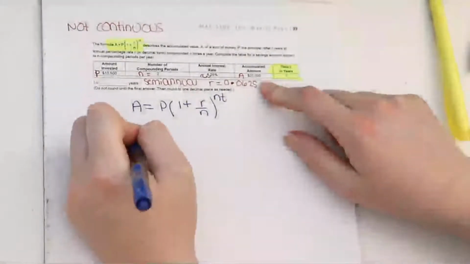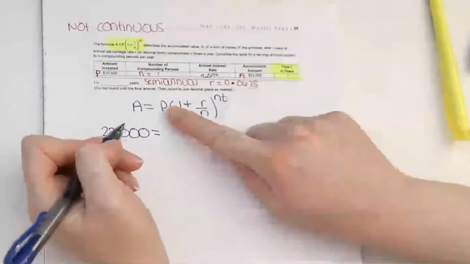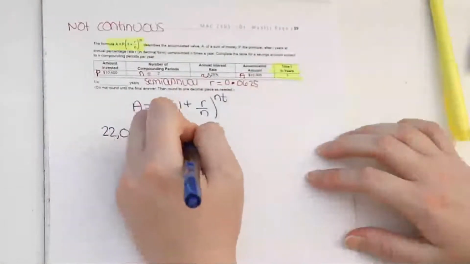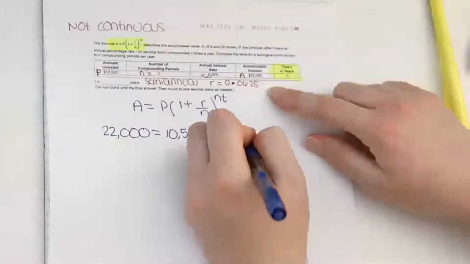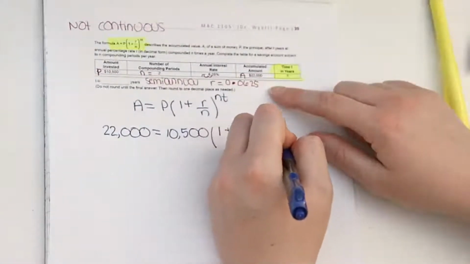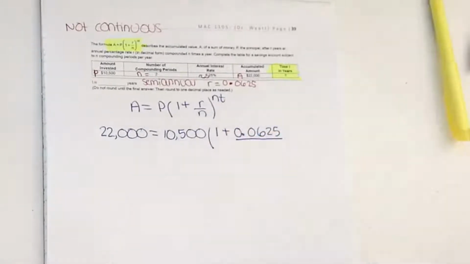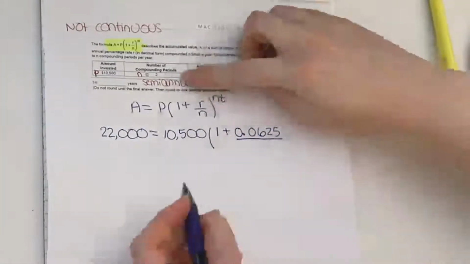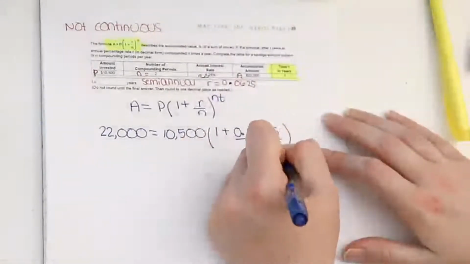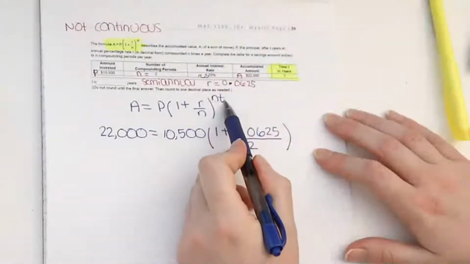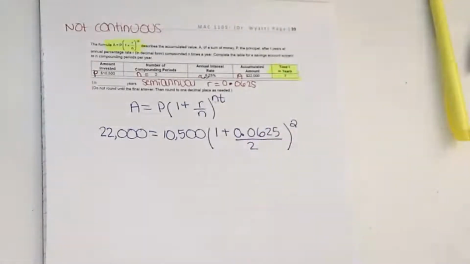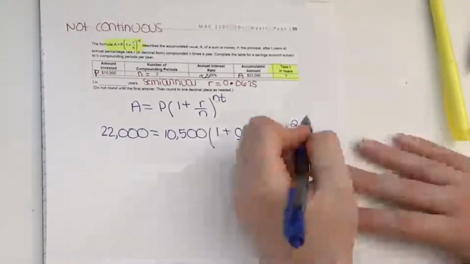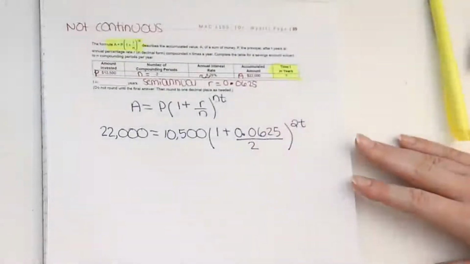So we have that A is 22,000. We have that our principal is 10,500. We have that our interest rate is 0.0625. And then our n value is n equal to 2. And that's raised to n times t, so 2 times t, and the problem here is that we do not know that total time, so we have to leave it as a t.